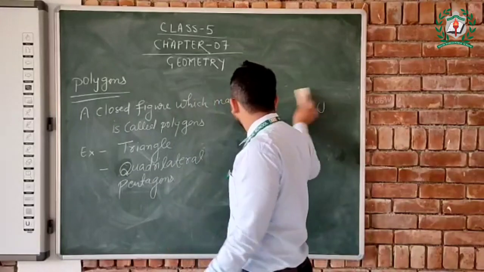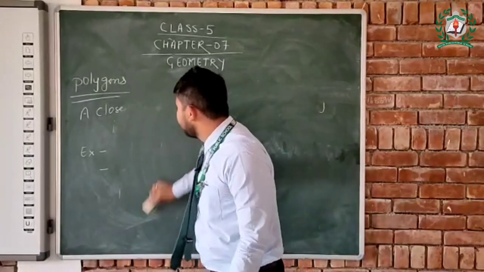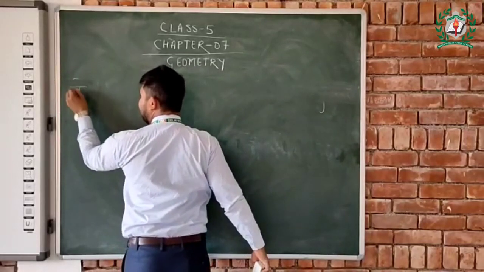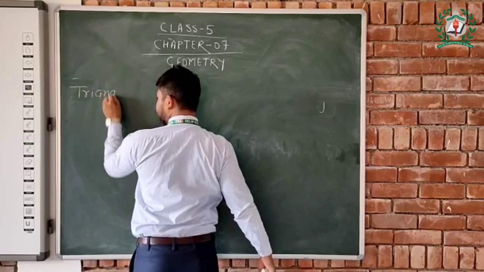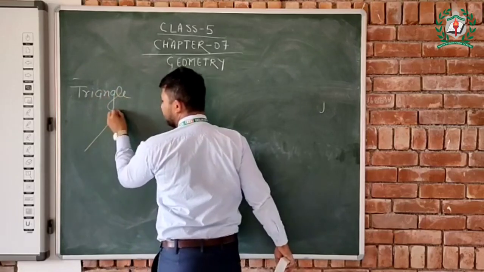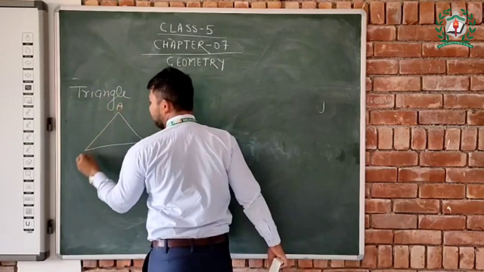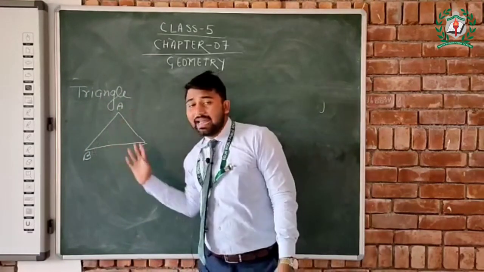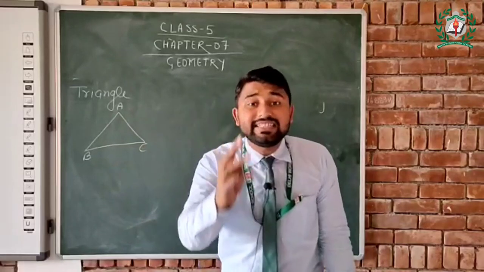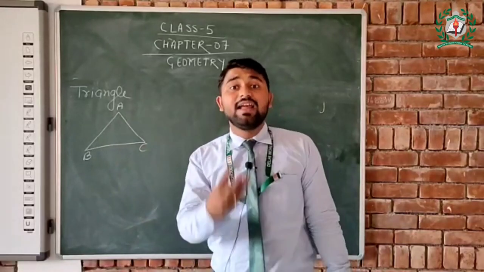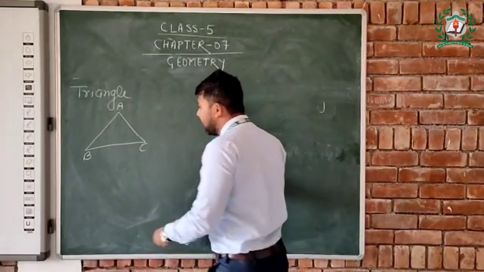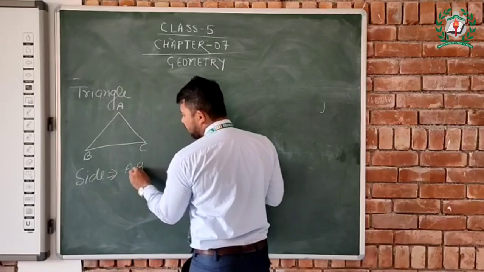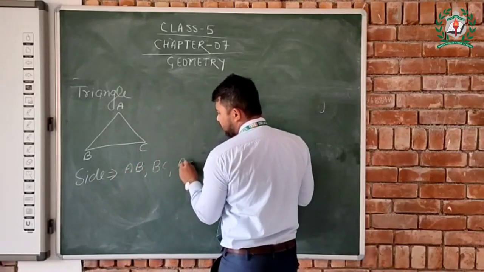Now the next one is the triangle, ABC. A triangle has three sides, three angles, and three vertices. The sides are AB, BC and AC.